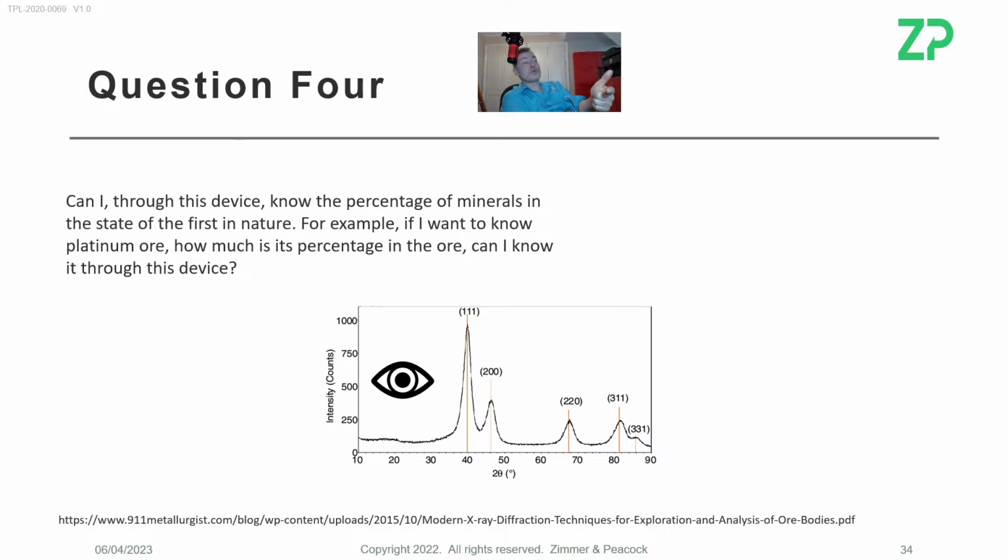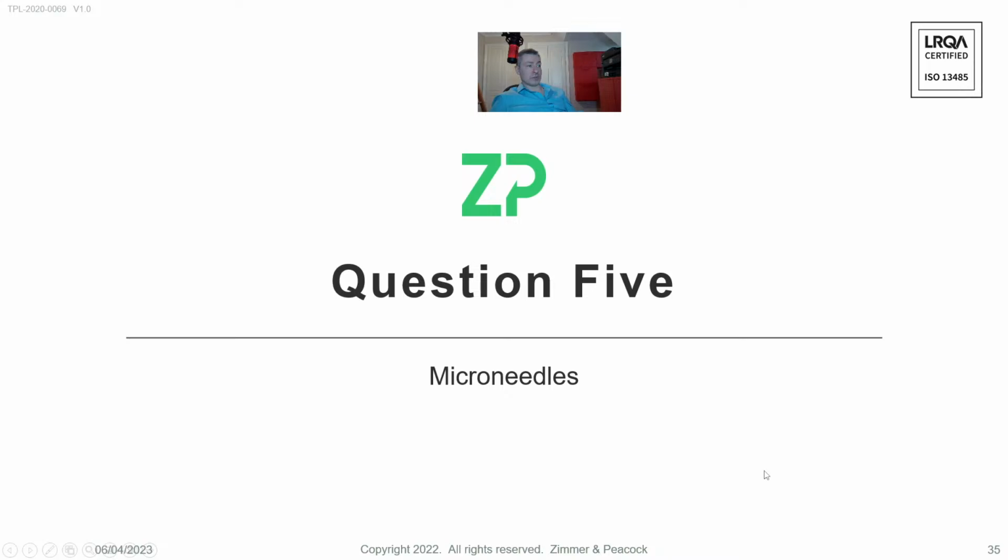I know the throughput, how much you can test per time, is going to be quite small. And the interpretation of the signal could be quite hard because, making these numbers up, if it was 48% gold, that means 52% of it is not gold, and that can cause you interferences. But I have posted this PDF link underneath this video, and I hope that helps you.